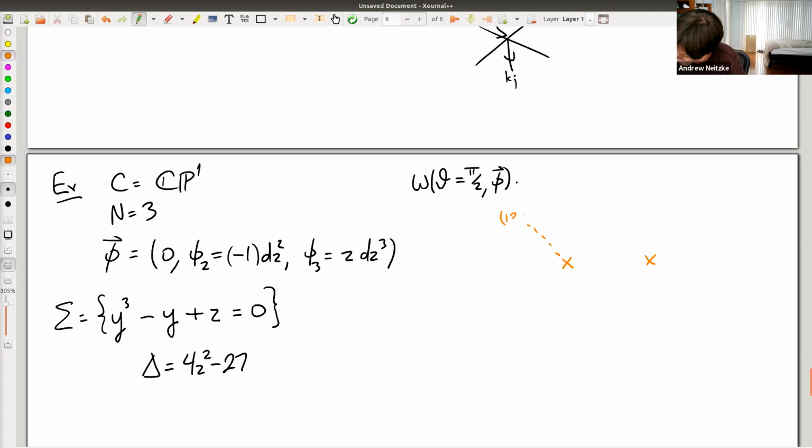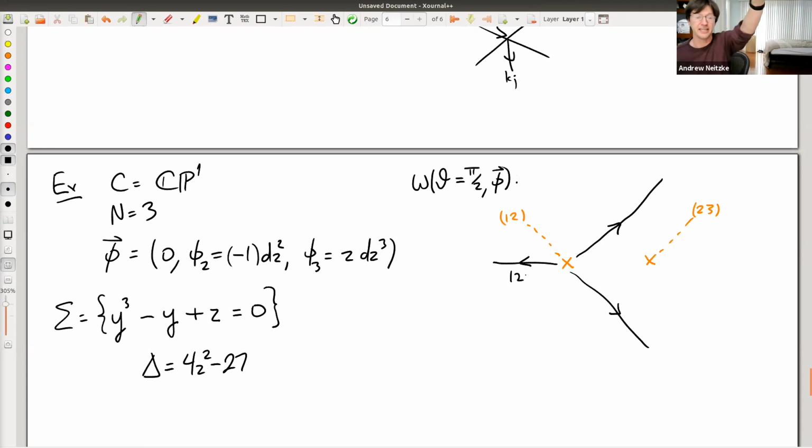So I've got it labeled. So this one is sheets 1 and 2 exchange, and this one sheets 2 and 3. And then what happens for the trajectories is, each one of those emits 3 trajectories. And now in this simple polynomial example, the trajectories tend to be attracted to infinity.